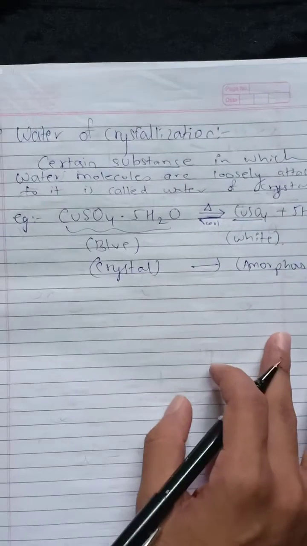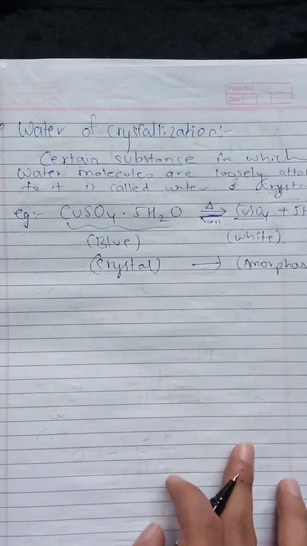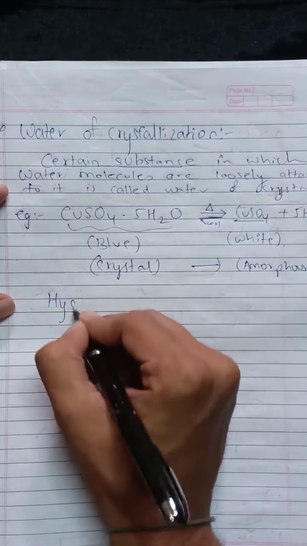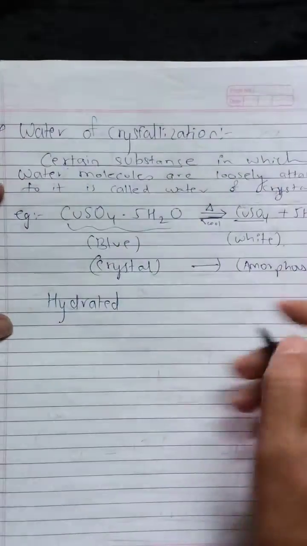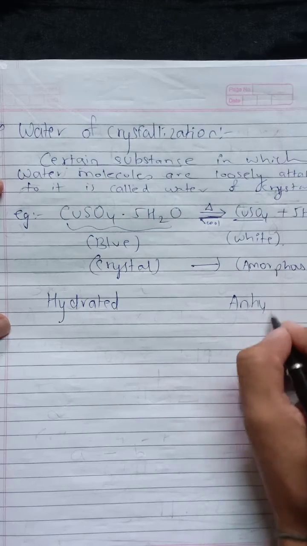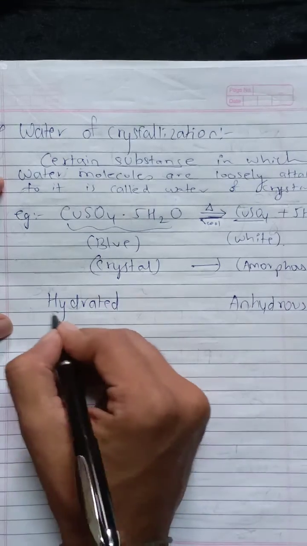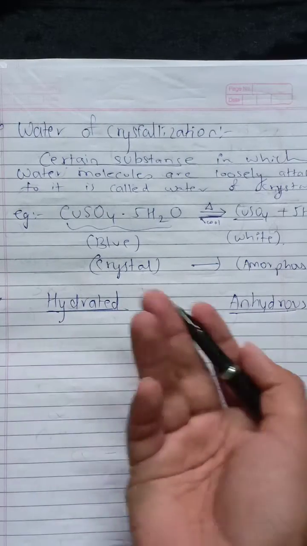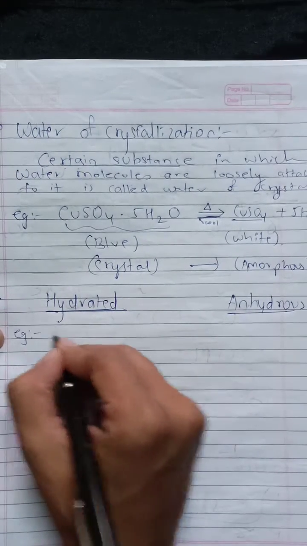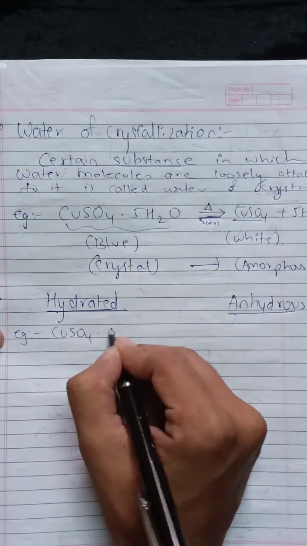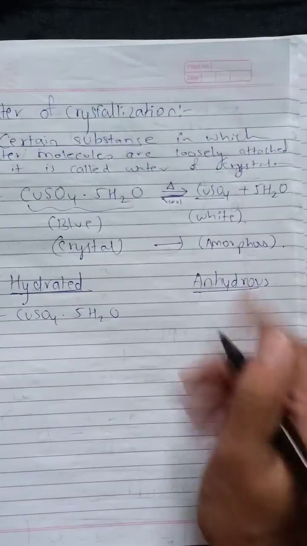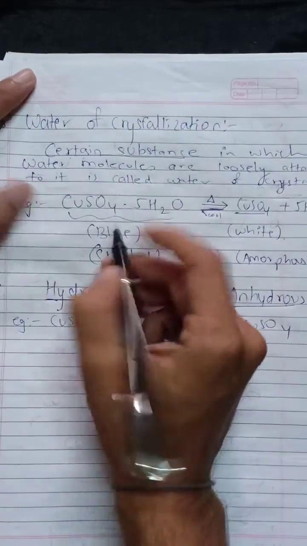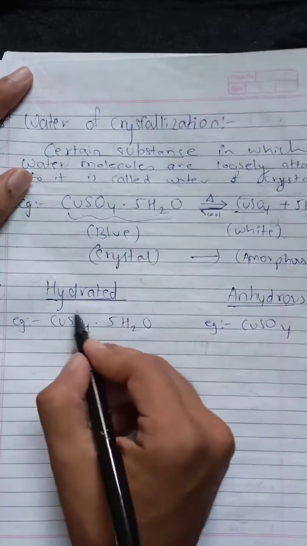There are certain substances which have water in them and some which do not. So they have been classified into two parts. The name itself suggests: hydrated and anhydrous. The word hydrated means water molecules are there, for example copper sulfate dot 5H2O. Those without water molecules are considered anhydrous.